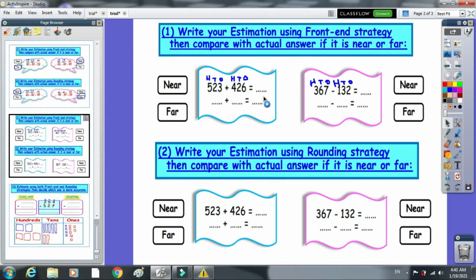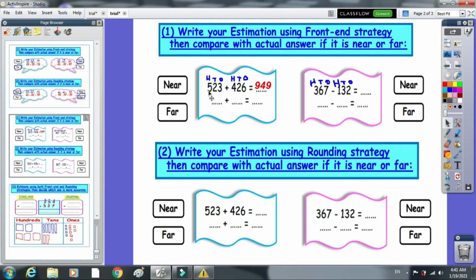To get the actual sum, I will say that 3 plus 6 equals 9, and 2 plus 2 equals 4, and 5 plus 4 equals 9. So the sum here is 949. I will use the front end strategy, and here I will look only at the leading digit, and I will ignore anything else.